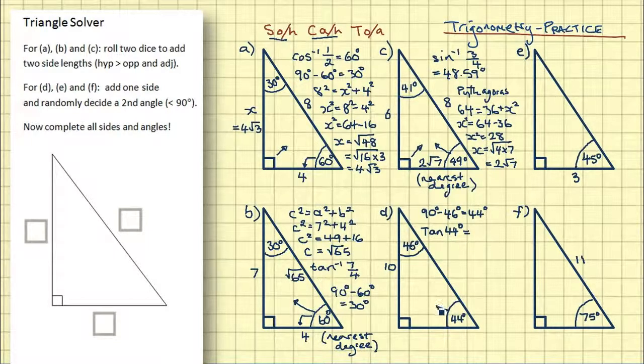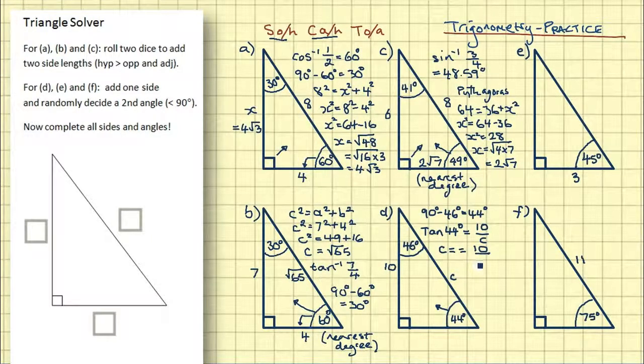The opposite of the 44 degree angle is 10. And let's call this then C. Okay, so tan of 44 degrees equals 10 over C. Now what I'm going to do is multiply then by C and divide by tan of 44, which means I'll get C equals 10 divided by tan of 44.